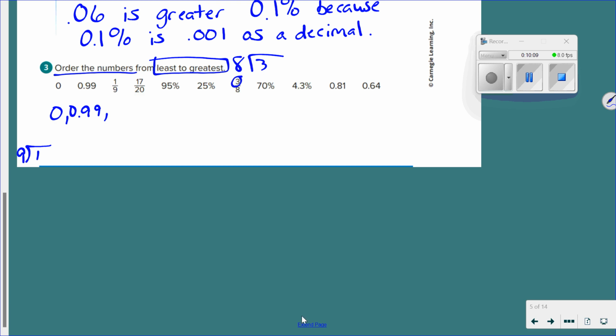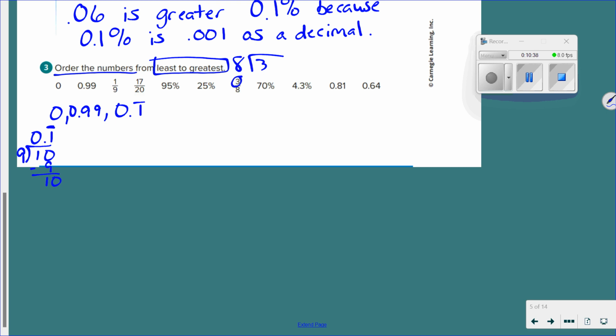Can 9 go into 1? No. So I add a 0 and a decimal. 9 into 10? How many times? That leaves 1. Add a 0. Can it go into 10? How many times? So what do you notice is happening? It's repeating. So I just put a line over it, and that is my decimal.